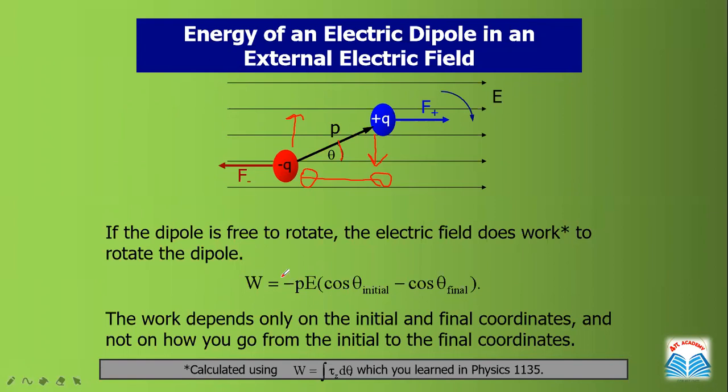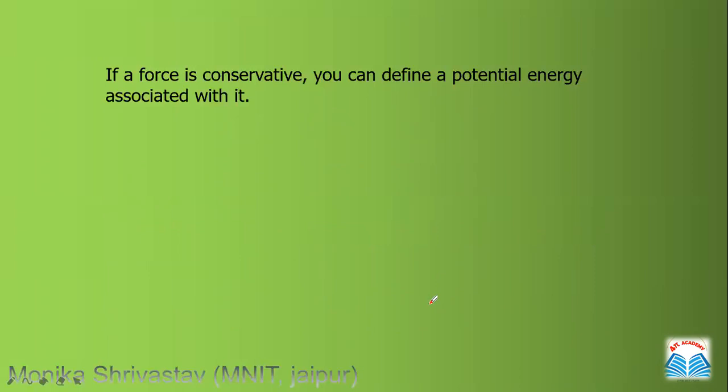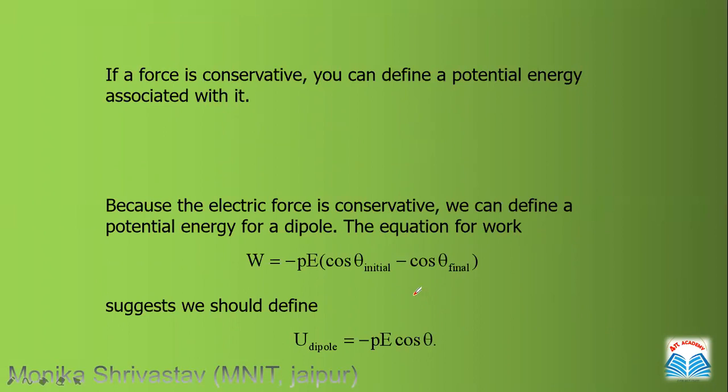This work depends only on the initial and final coordinates, not on many other factors. So if we have a dipole with a conservative force on it, we can also define the potential energy associated with the dipole. We have the work W equals minus pE cos theta initial minus cos theta final.